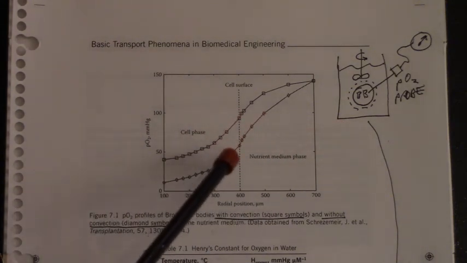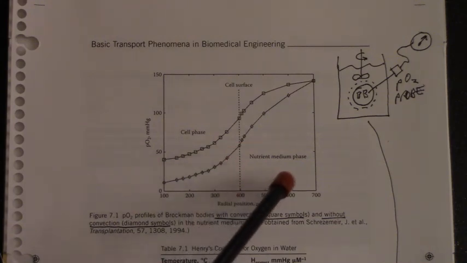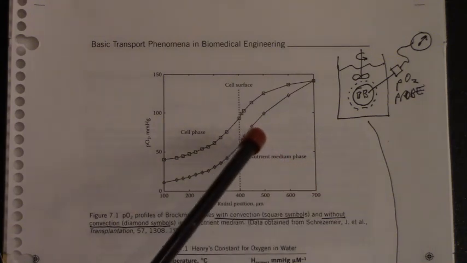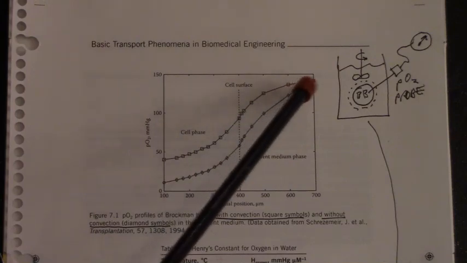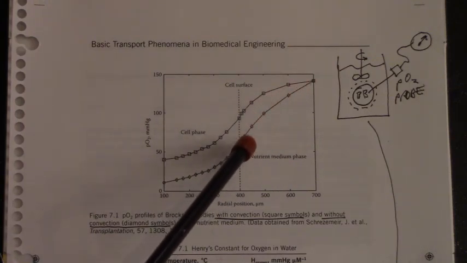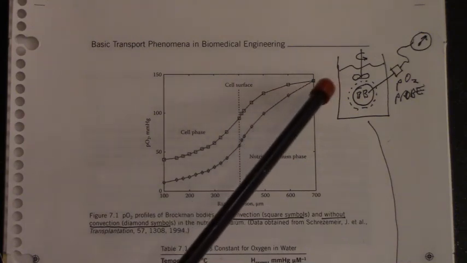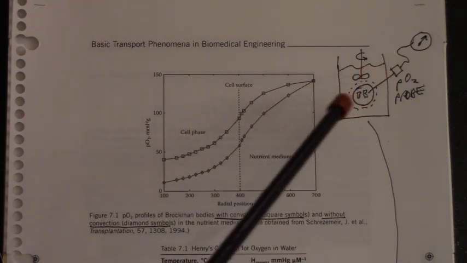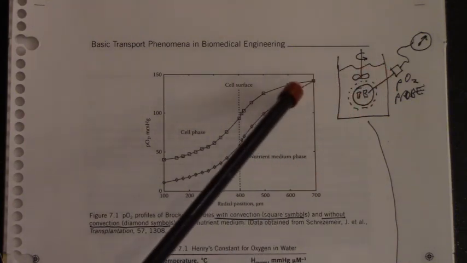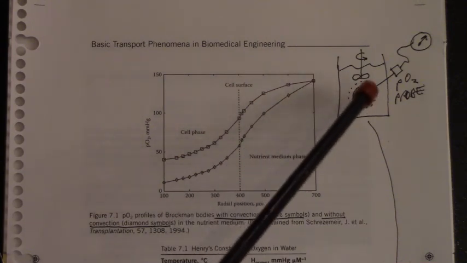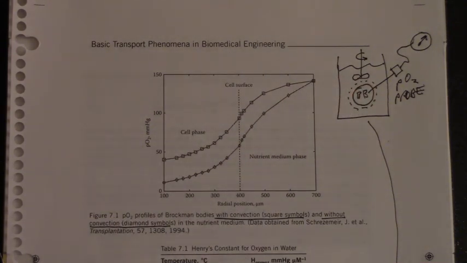Also, they were able to measure out away from the surface of the Brockman body and measure the PO2 in the boundary layer. So you can clearly see the boundary layer change of the PO2 in that region defined by the dashed line, in that region between the dashed line and the surface of the Brockman body.